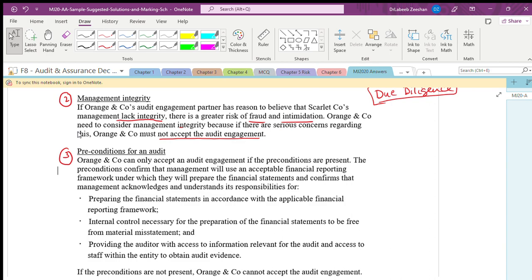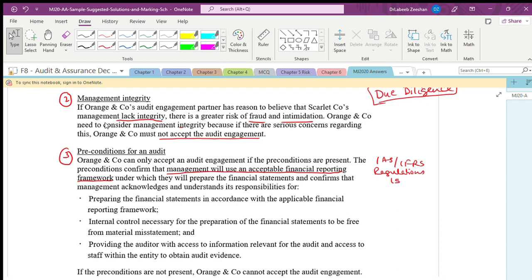And we should also have the precondition that management will use an acceptable financial reporting framework. What is the financial reporting framework? They are preparing as per IAS, they are preparing as per IFRS, they are following the regulations of the country. Is it right?